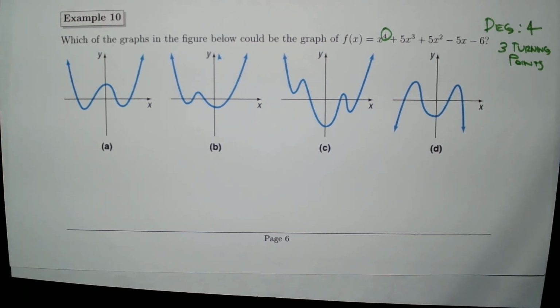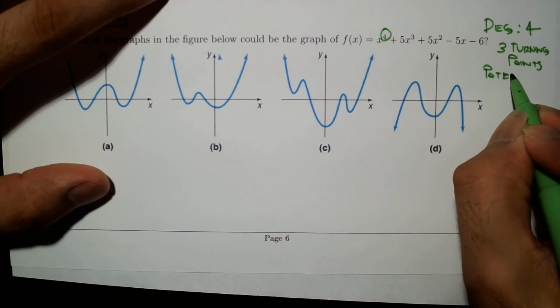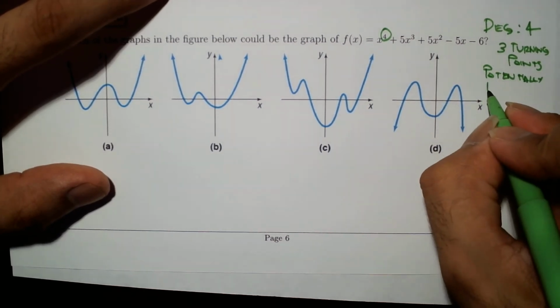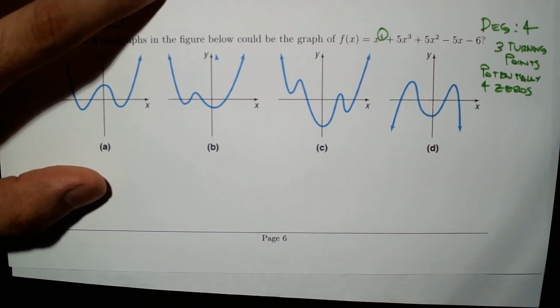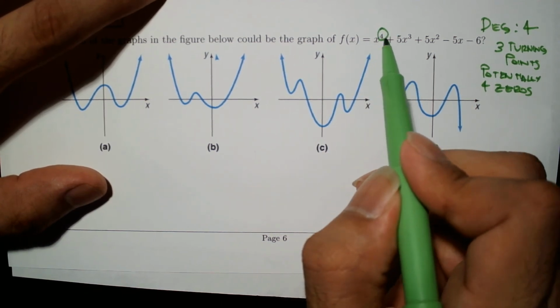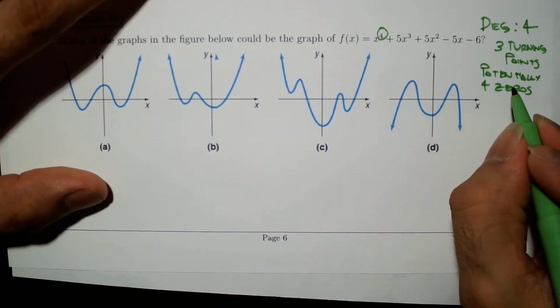Well, intercepts. Well, potentially 4 zeros. Potentially, because again, it could have a maximum of zeros as the degree, which is 4. Okay, what are those zeros?